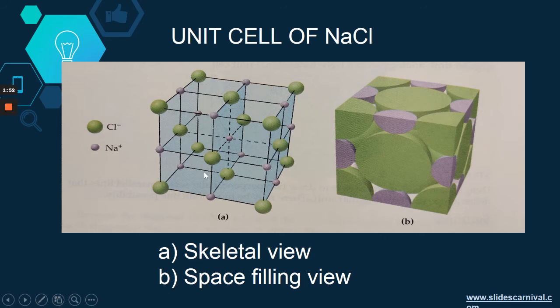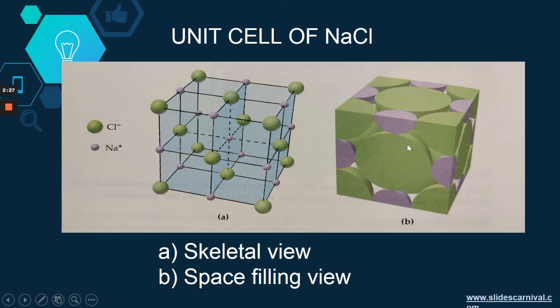You can see clearly that the larger chloride anions adopt a face-centered cubic unit cell, and the smaller sodium cations fit into the holes between adjacent anions.